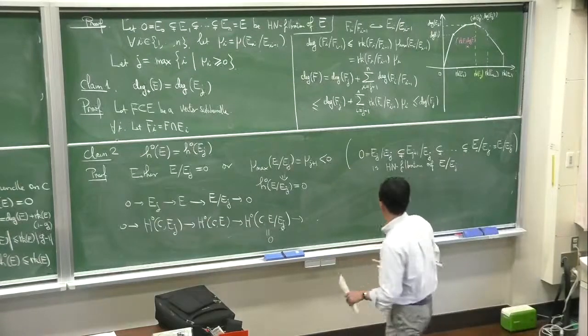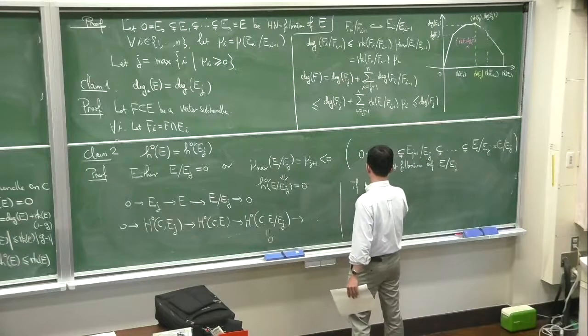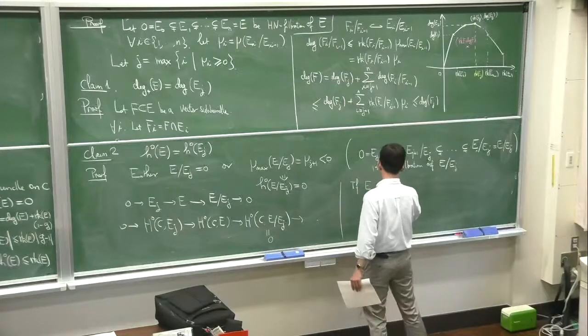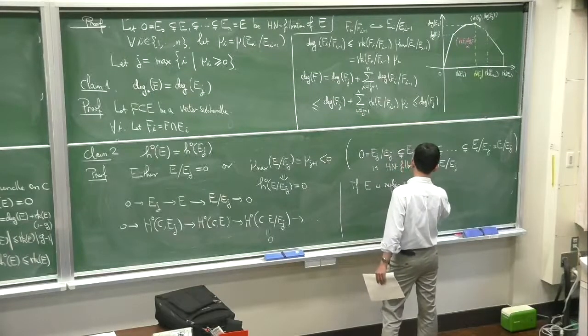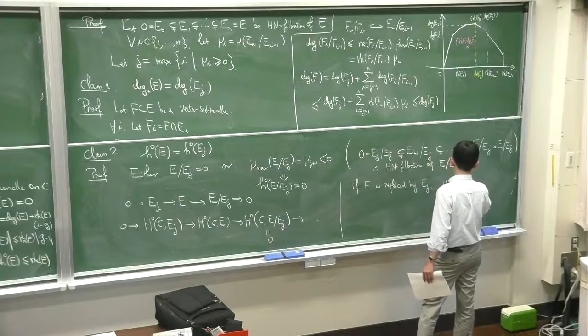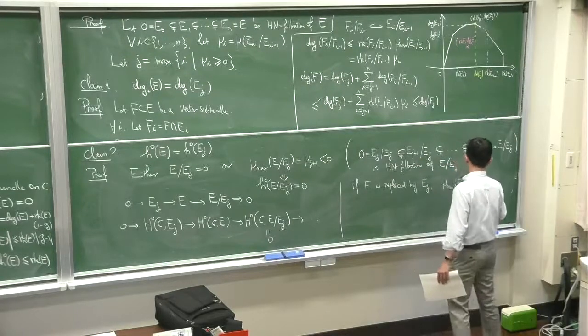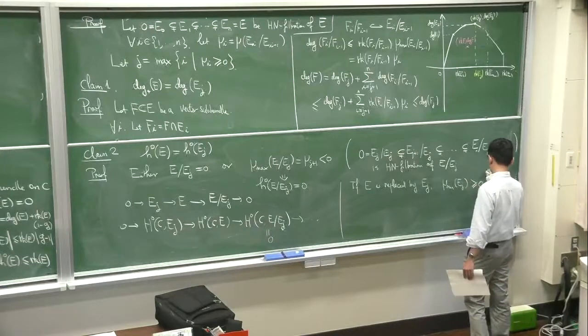Okay, so now what is interesting is that if E is replaced by EJ, then the mu mean of EJ is positive or 0.